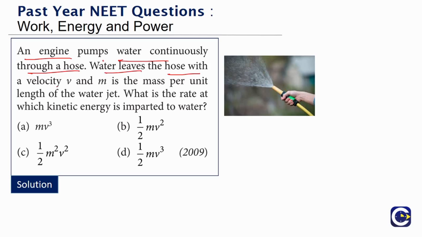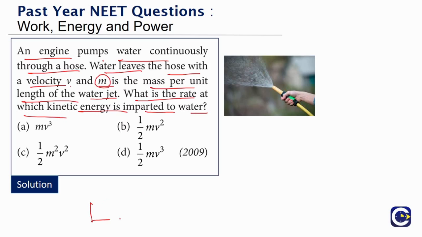Water leaves the hose with a velocity v, and small m is the mass per unit length of the water jet. So here small m is the mass per unit length. What is the rate at which kinetic energy is imparted to the water? So we need to find the rate at which kinetic energy is imparted to the water.